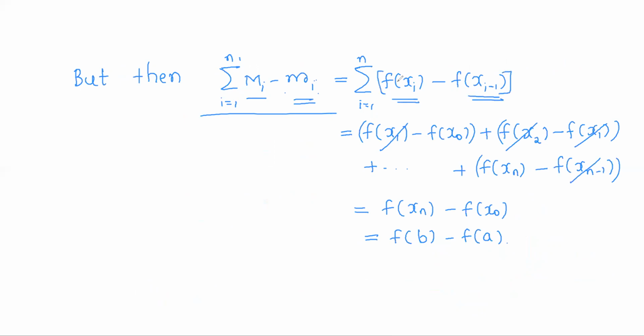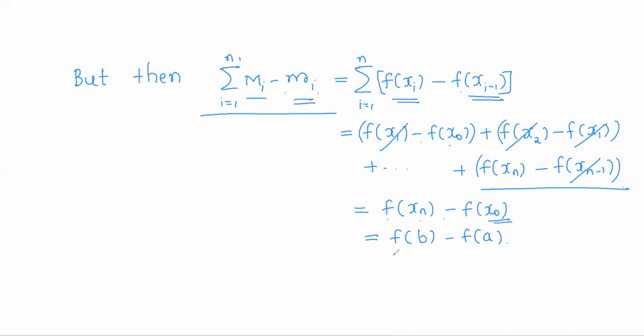Now we shall expand this summation. Put i equal to 1: f of x1 minus f of x0, plus i equal to 2: f of x2 minus f of x1, and so on. Put i equal to n: f of xn minus f of xn minus 1. You can observe that the terms get cancelled with opposite signs, and finally you will be left with f of xn minus f of x0.